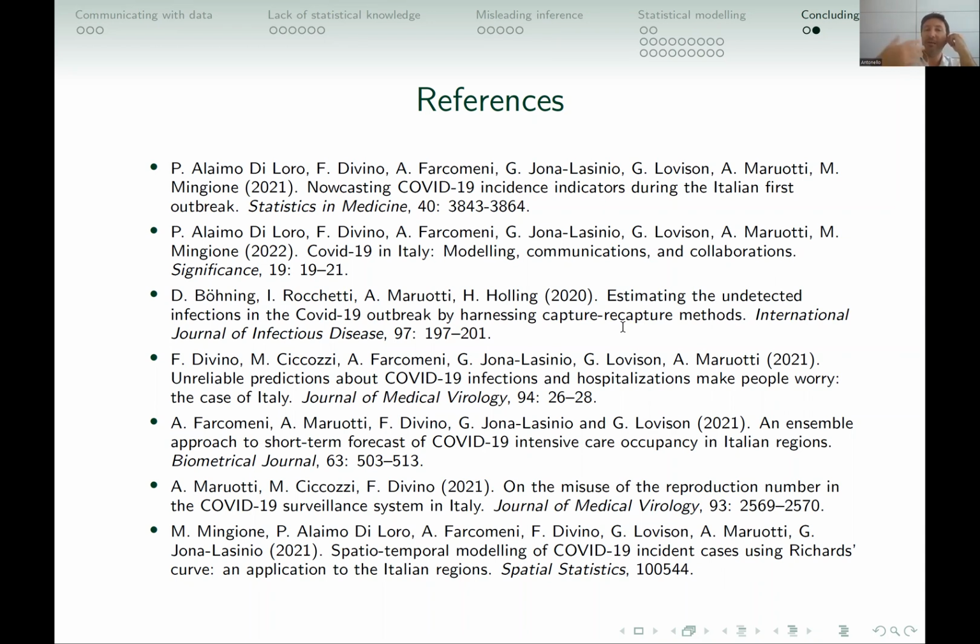So the number of undetected infections, which was a big issue, especially at the beginning of the epidemic in early 2020. So we provided an estimate of the unobserved, undetected infections in several European countries using a capture-recapture approach.